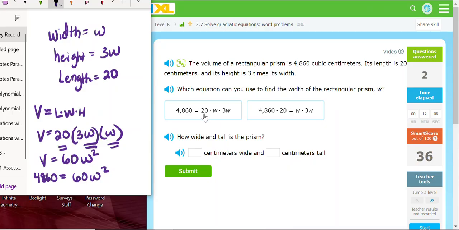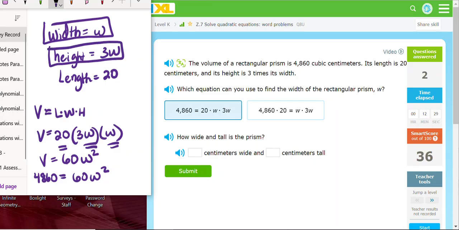So it's this one. The volume equals 4,860. And how wide and tall is the prism? We need the width and we need the height because that's tall, correct? So we need to find W, and where do we go to find W?